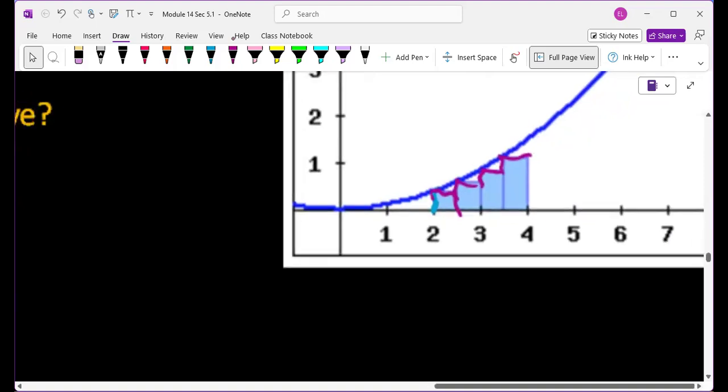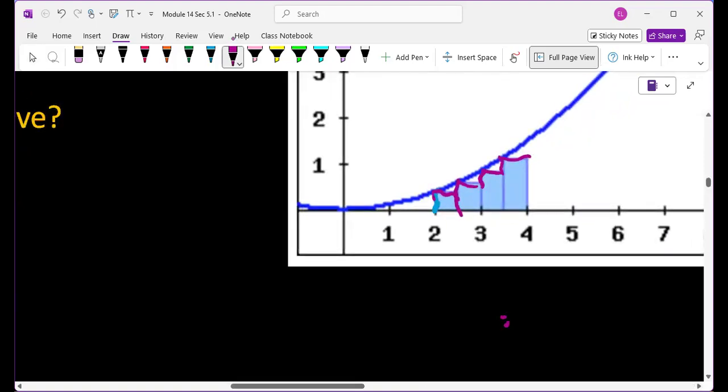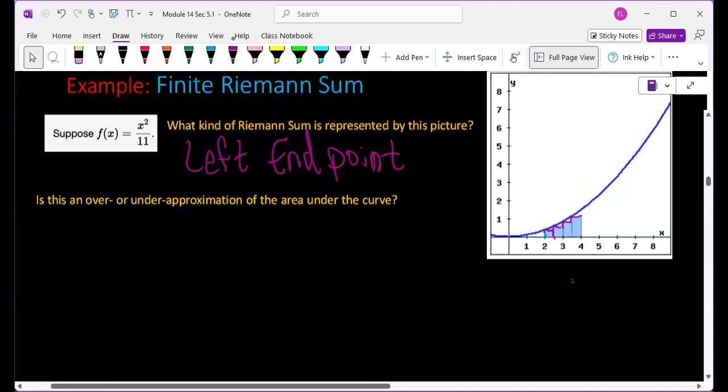The actual area under the curve, I'd shade everything there. But the Riemann sum is just going to be these blue rectangles added together. So there are the little white spaces left over. So for this graph, the left endpoint is an under approximation.